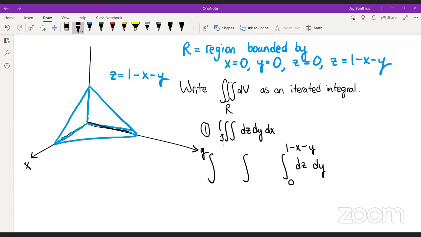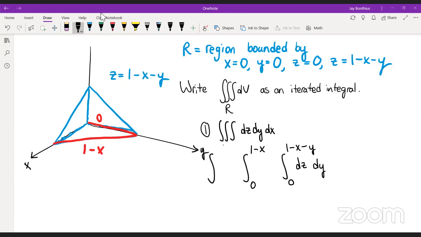So we're right here. That lower bound there on y is 0, and the upper bound on y is whatever that line is. What is that line? Yeah, 1 minus x. So the lower bound on y is 0, upper bound is 1 minus x.